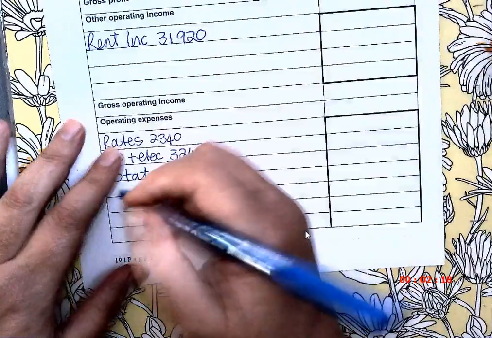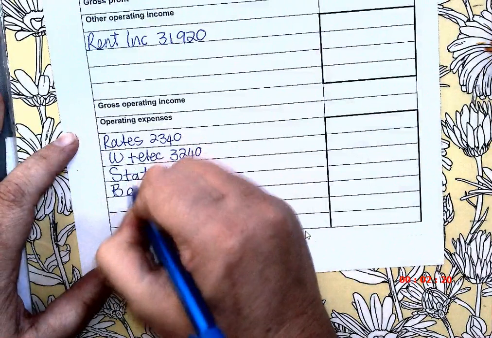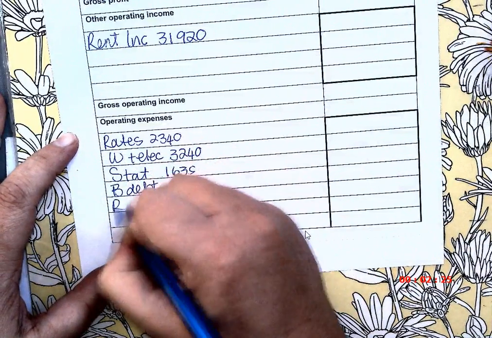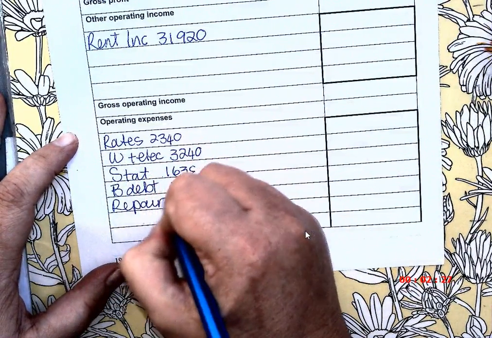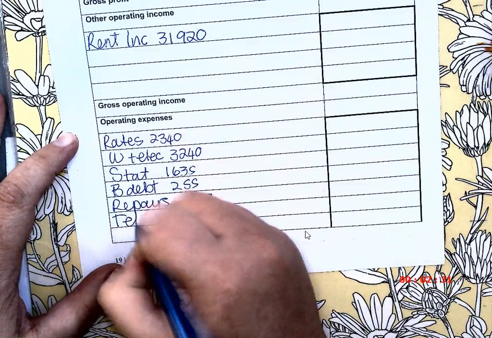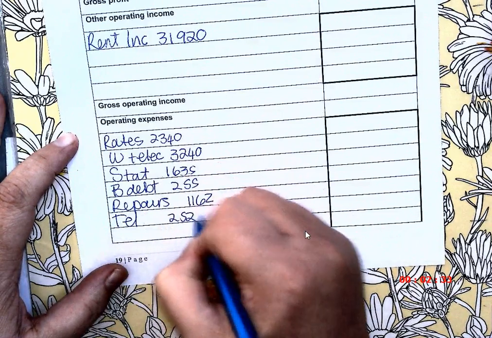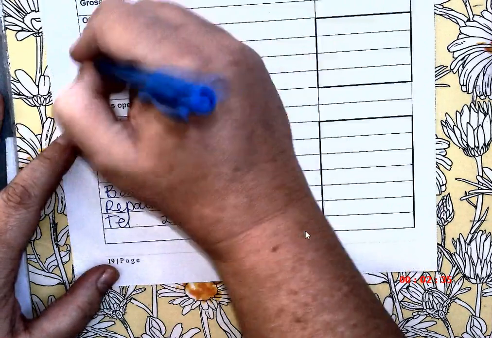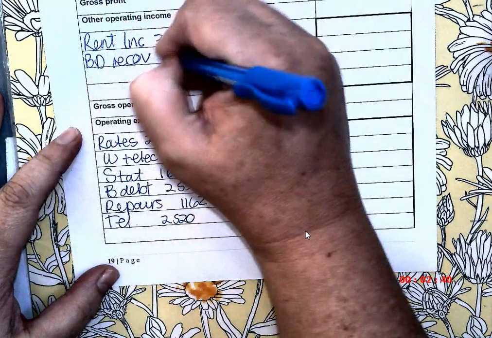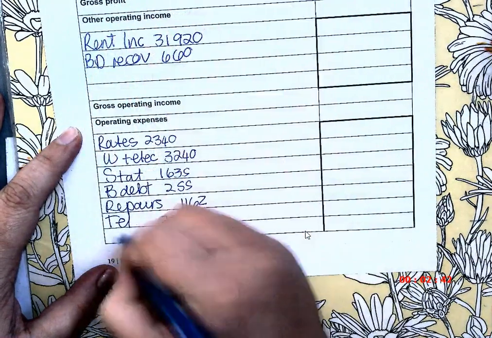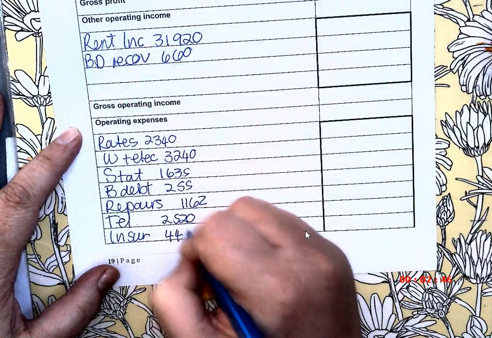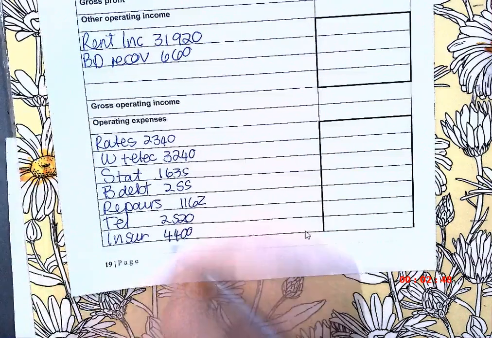Then I see bad debt, 255. Repairs, 1162. Telephone, 2520. Again, a credit one, bad debts recovered, 660. Insurance, 44. Then I need to go on the next page.